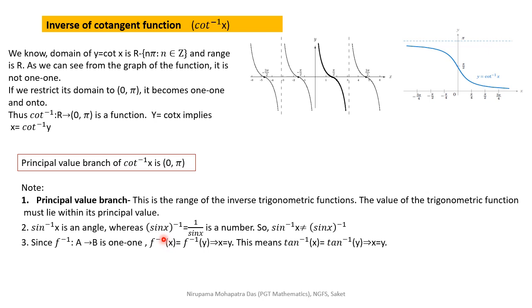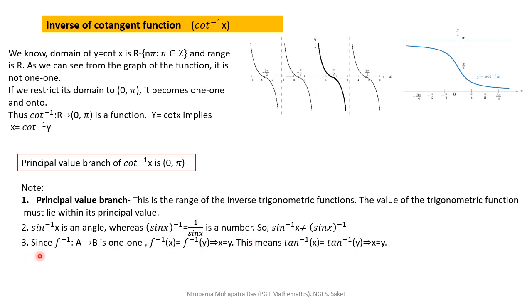Whereas whenever we write sin x power minus 1, that is basically 1 by sin x, or it is cosec x. So this is purely a number, a trigonometric ratio. So sin inverse x is not equal to sin x power minus 1.